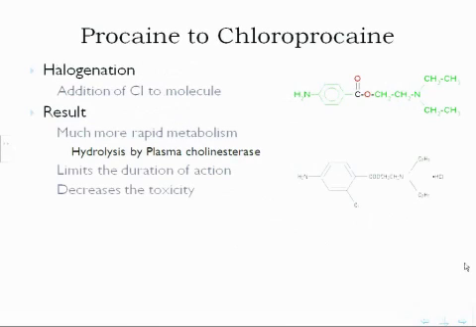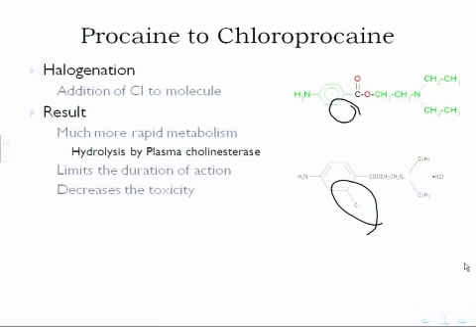If you look at procaine to chloroprocaine, it's a very minor change. What you're doing is you're halogenating the procaine. You're adding a chloride group to this. So this is the molecule that you've added. You've added a chloride group. Okay? And when you do that, you actually make the molecule more rapidly metabolized.